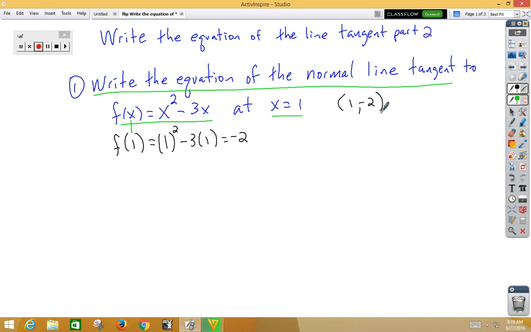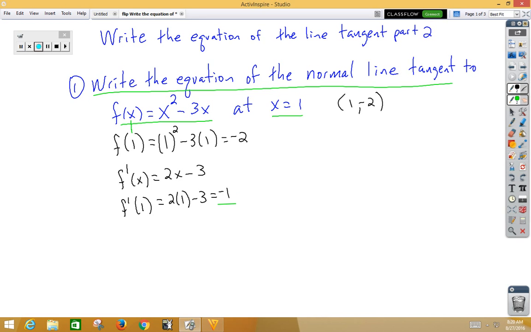Now in order to get the equation of the normal line, I should first find the slope of the line tangent to the curve, which would be the derivative, 2x minus 3. Let's plug in that 1. So we get 2 times 1 minus 3, which is negative 1. Now this is the slope tangent to.